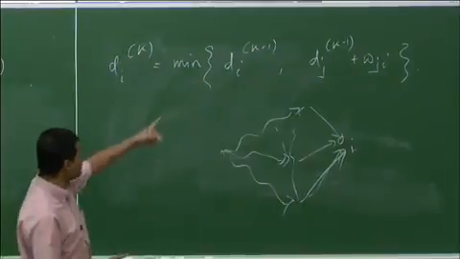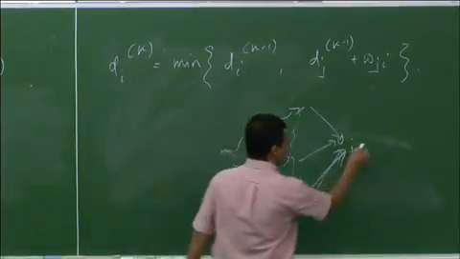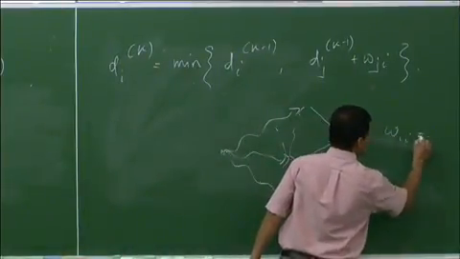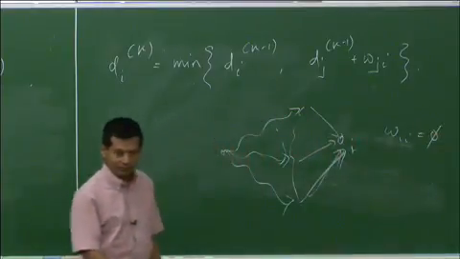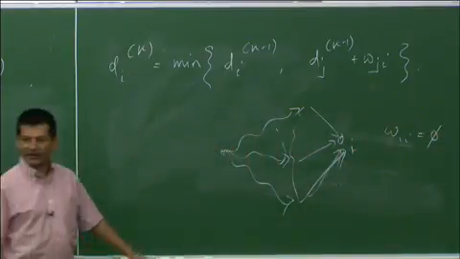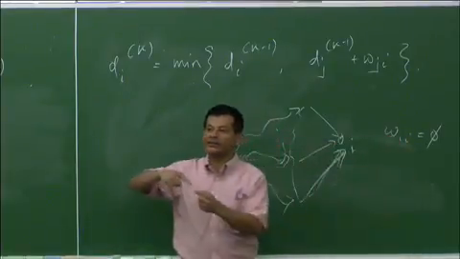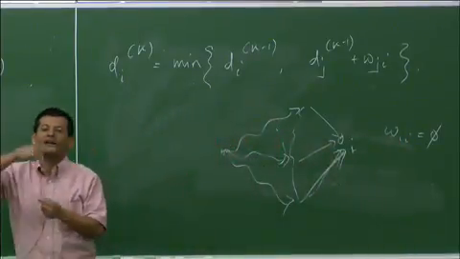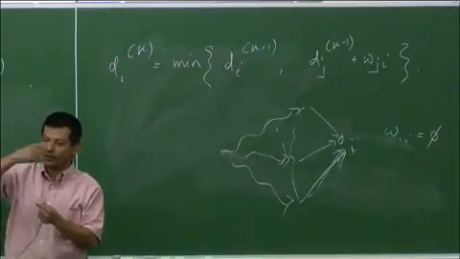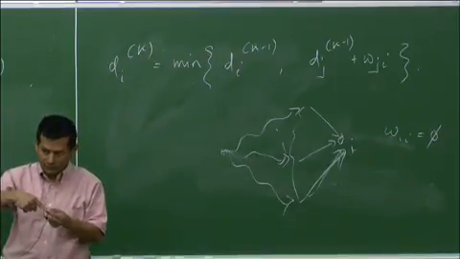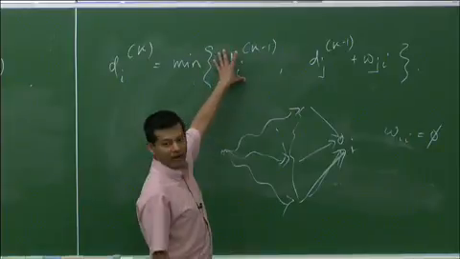How about this? I can remove this by saying w_ii is 0, which is true. If I set up in my graph w_ii is 0, meaning that the length of the path from i to i is actually 0, then I can take this piece out completely.